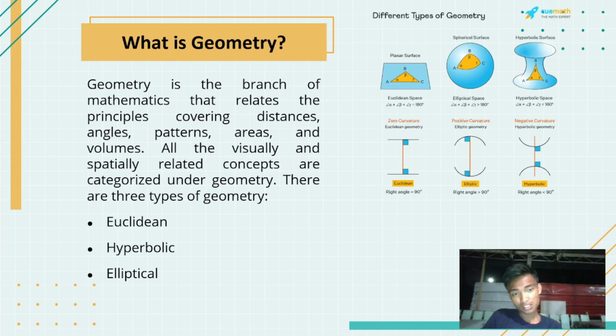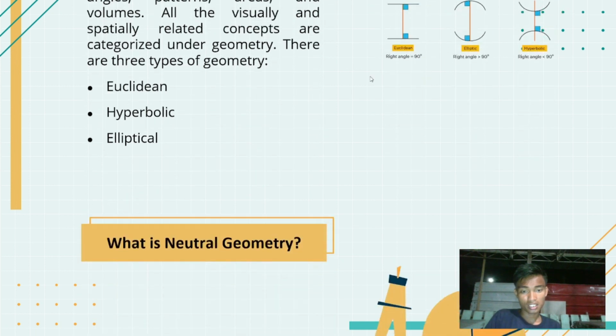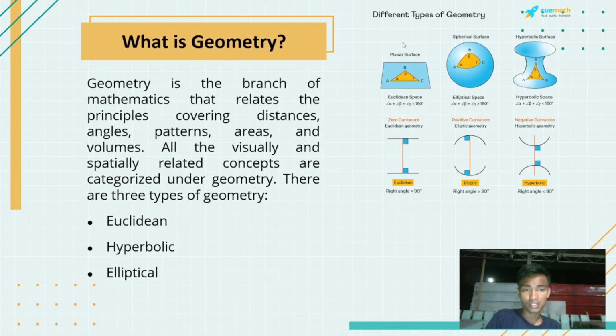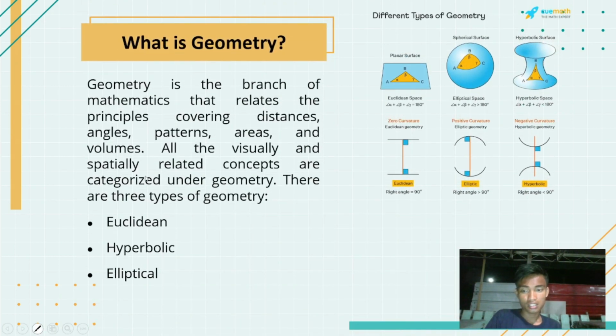So for example, we have this Euclidean. Let's go back. So Euclid, okay. This is the Euclidean: all of the angles of a triangle in Euclidean geometry add up to 180 degrees.